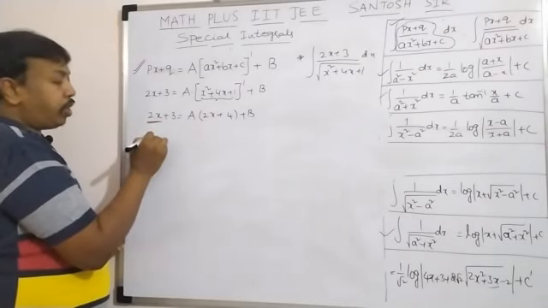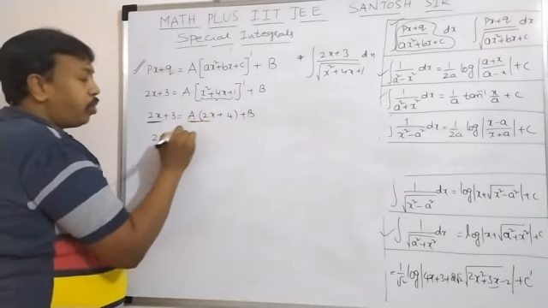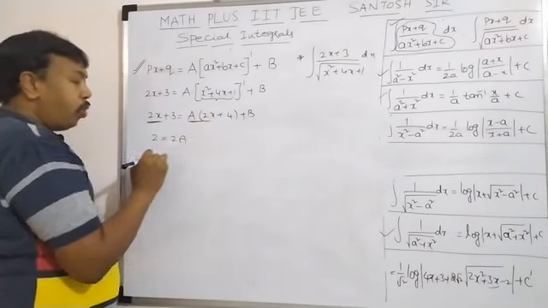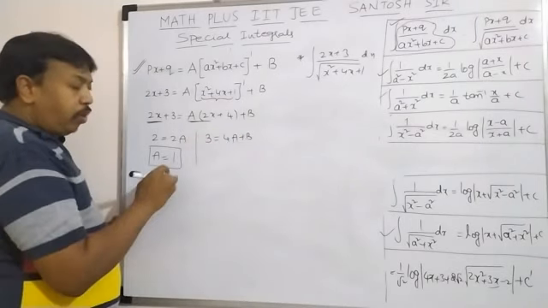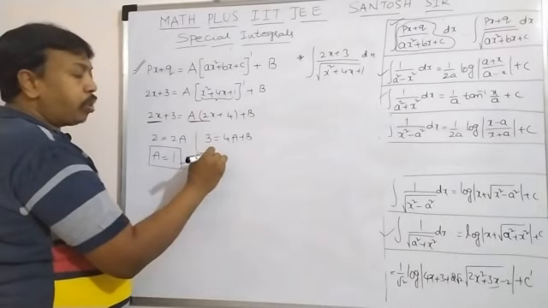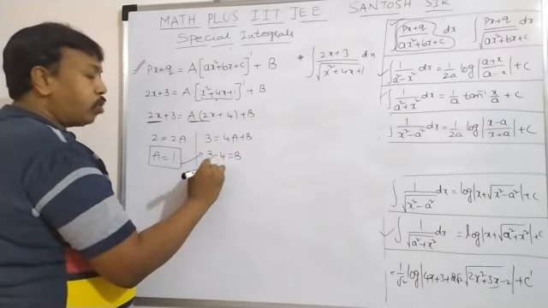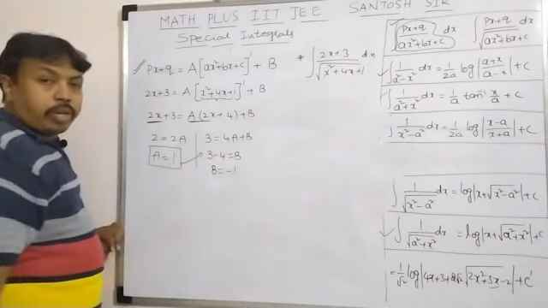Here the x coefficient is 2, there it is 2A, so A is 1. Now compare the constants. Here it is 3, there 4A plus B. Substituting A equal to 1, 3 minus 4 is equal to B, so B is minus 1.